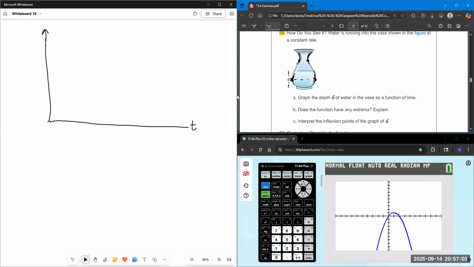So it fills up fastest where there's the smallest radius. So it's going up, but then going up at a slower rate. It's kind of going to stop there for a second, and then it's going to turn. It has a point of inflection there.